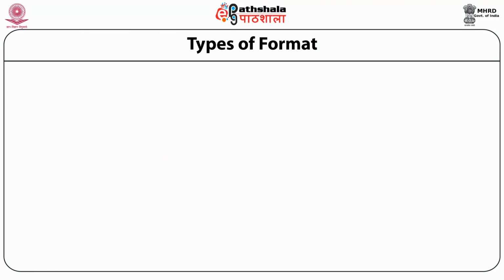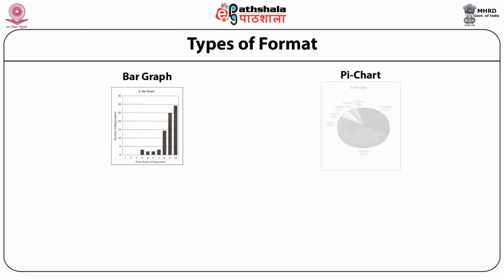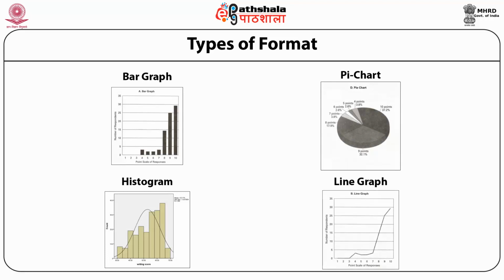So these are the types of charts: the bar graph, pie chart, histogram, line graph you use to get different formats for data presentation, and it requires a lot of persuasiveness to get good quality data to be put in this format.